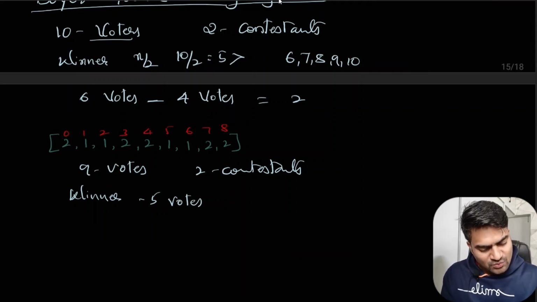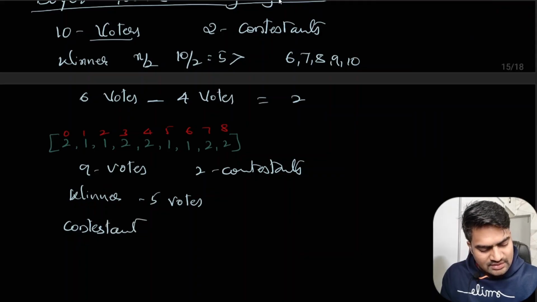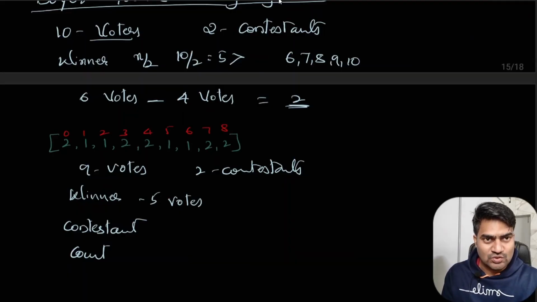Now I will take a contestant and I will take the count, or you can assume it's a difference, because if he has to win, he has to have a difference of 2 votes, correct, right? Now I will keep them empty initially, let the count be 0.